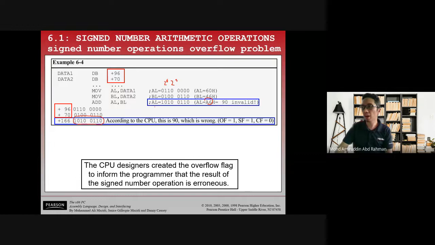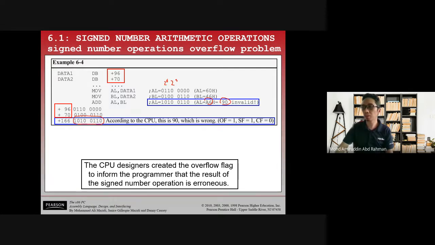So in terms of hex, you will get A6. But if you convert that, you will get 90, which is not the result.